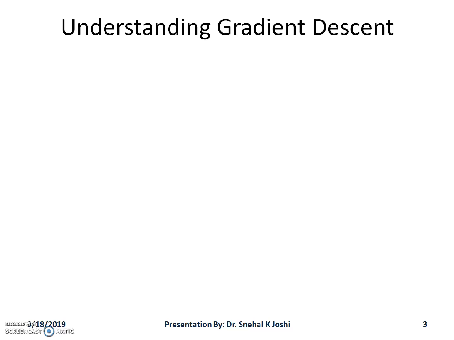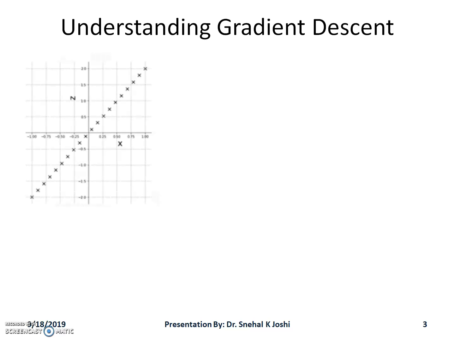Let us understand the gradient descent algorithm first. To understand gradient descent, we revisit the concept of cost function. Consider a scatter plot which represents some data points with respect to axes z and x.